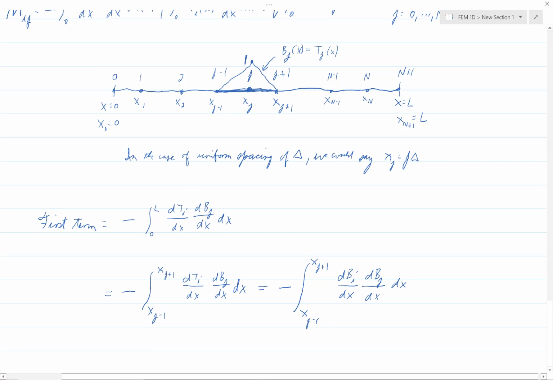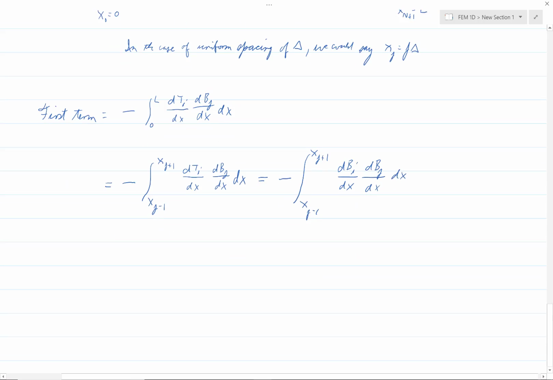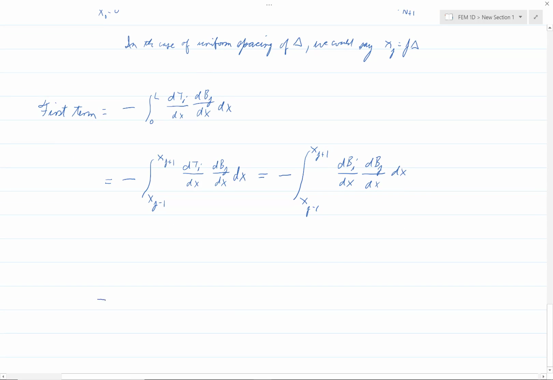Well, if we assume that, as we have drawn in this picture, we number the nodes sequentially from 1 to n, going from left to right, then this first term will be equal to 0 if i is less than j minus 2, or if i is greater than j plus 2.